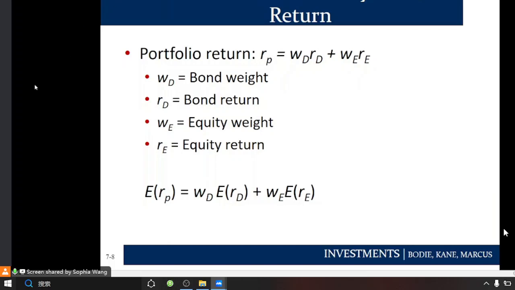Okay, so W means the weight of bond and the weight of equity, and R means the bond return and equity return. In this case, we can calculate the expected return of this portfolio easily because it's a linear relationship. Just use the weights and the expected returns.